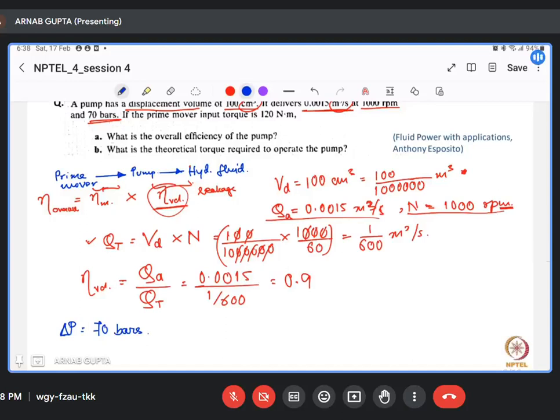And you have been given that the prime mover input torque is 120. So the prime mover is providing an input torque to the pump, and due to this particular mechanical efficiency, there will be some losses, and the output that is being delivered to the pump will be less than this input torque.